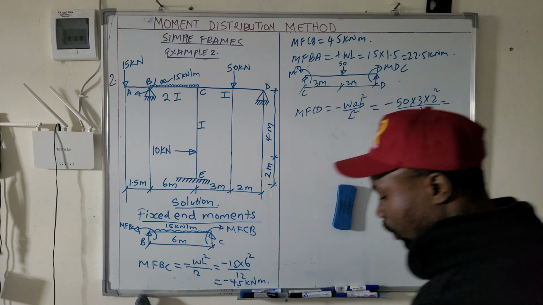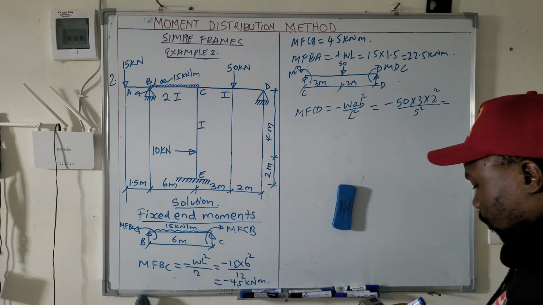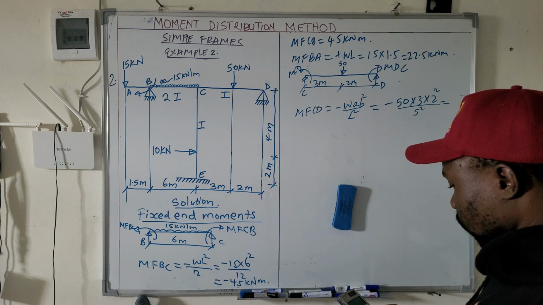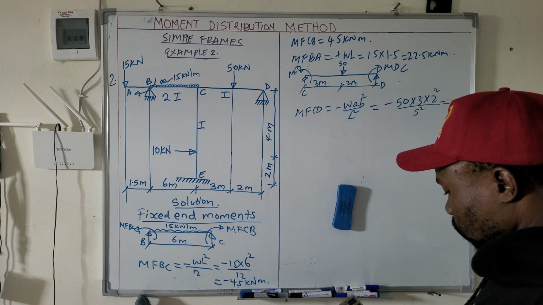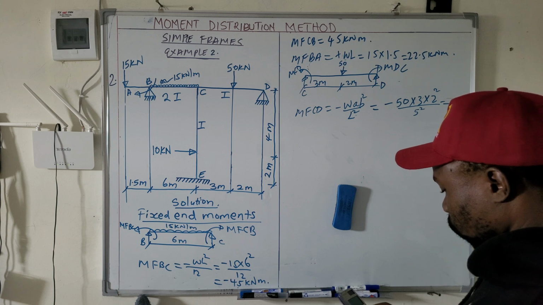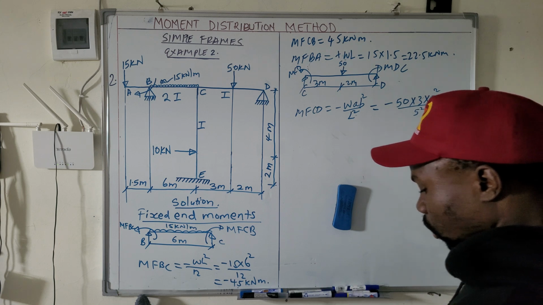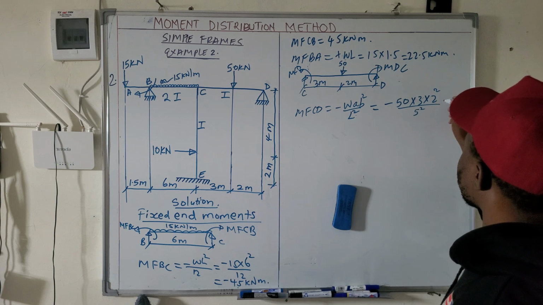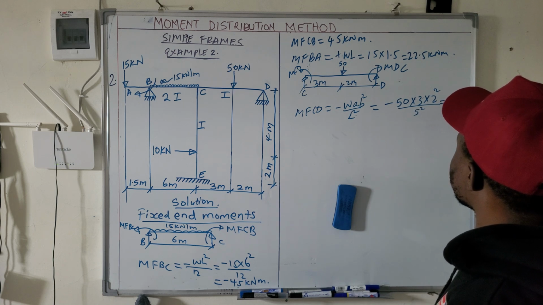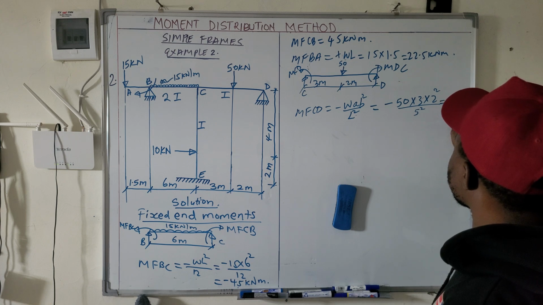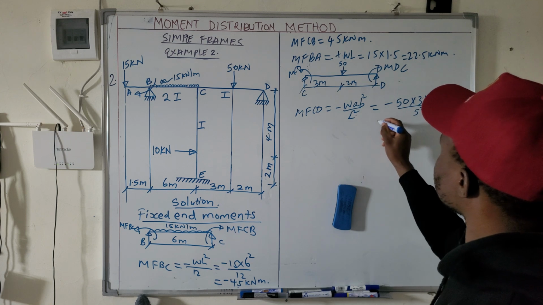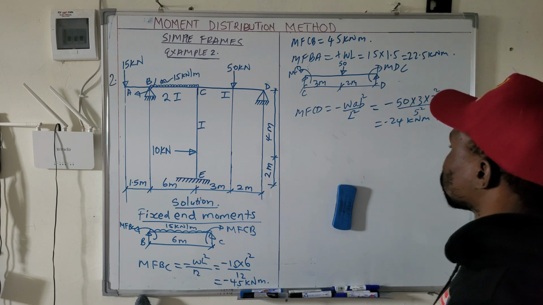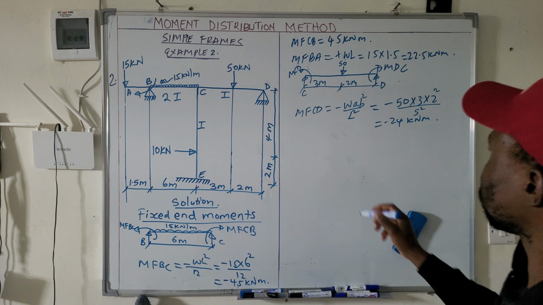So the answer is negative 24 kilonewton meter.